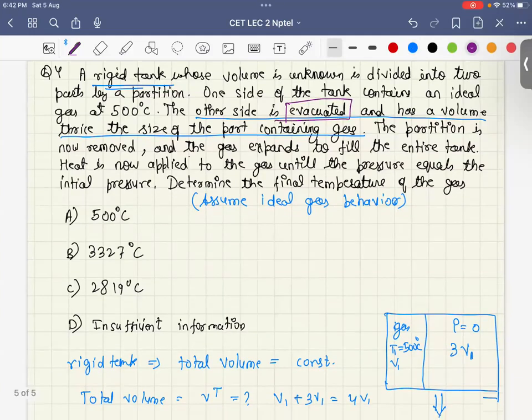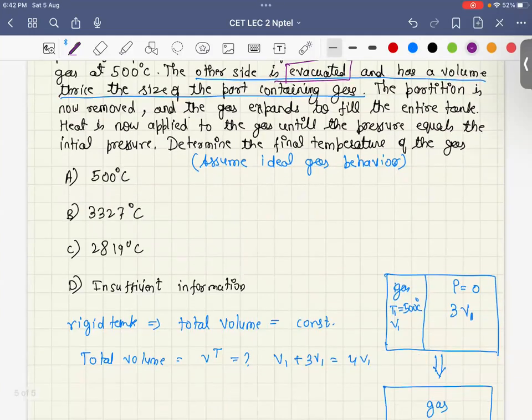There is no external force which opposes the expansion of this gas, and hence the work done by this gas would be 0 in this case. And you can also assume ideal gas behavior. I think the question is now attemptable. I've given the basic premise of the question. Now you can try to solve the question. I will give you a couple of minutes.